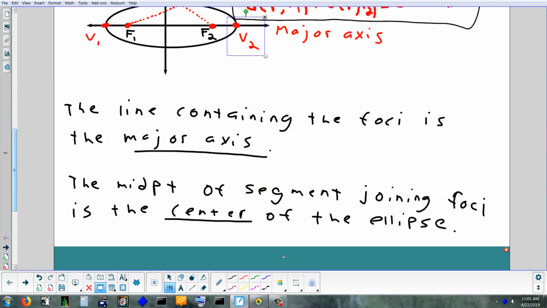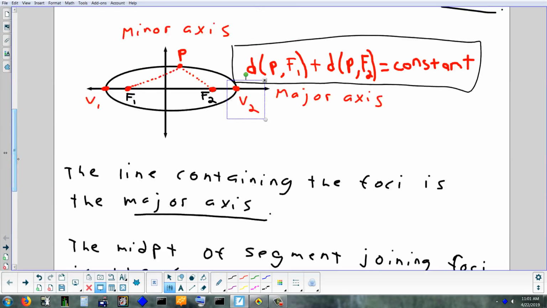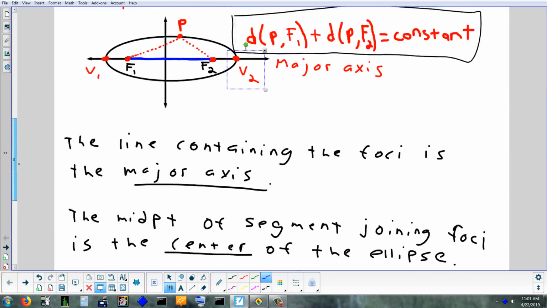And if you find the midpoint of the segment that connects the foci, using the midpoint formula with the coordinates of F1 and F2, that'll give you the center of the ellipse. Technically, if you drew the segment from V1 to V2 and found the midpoint using their coordinates, that's also the center.